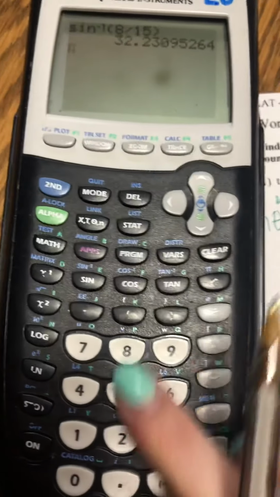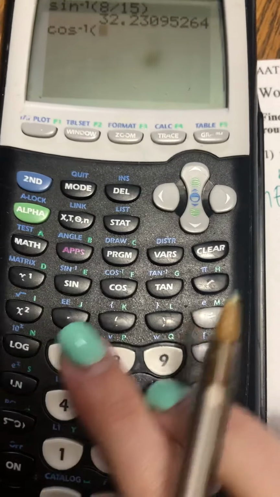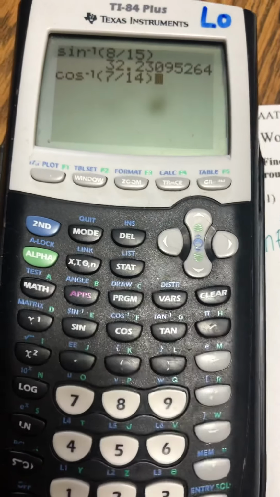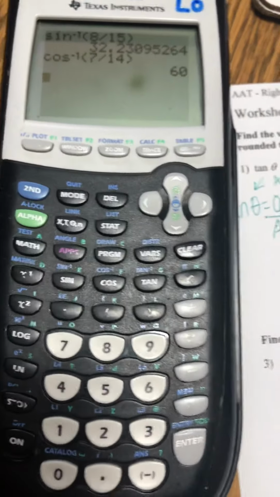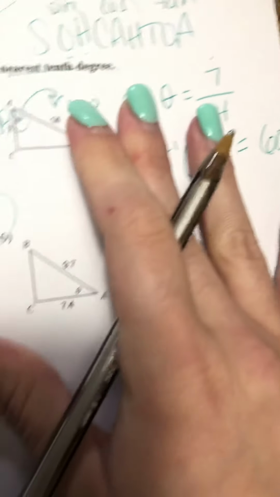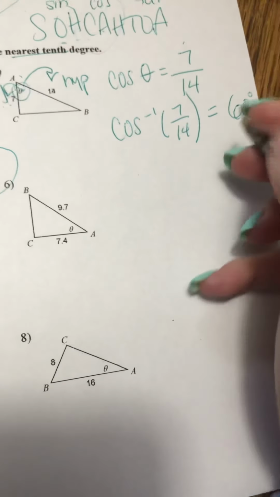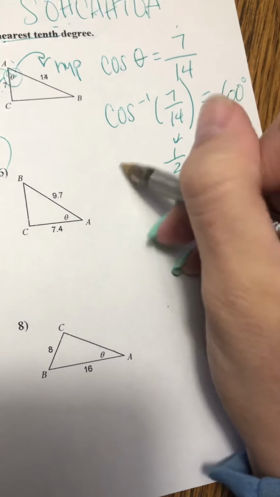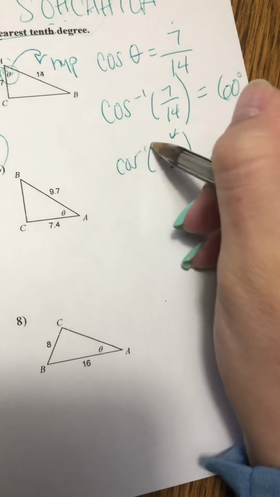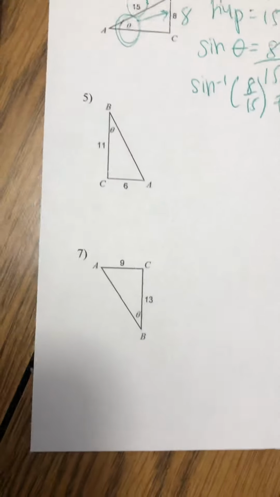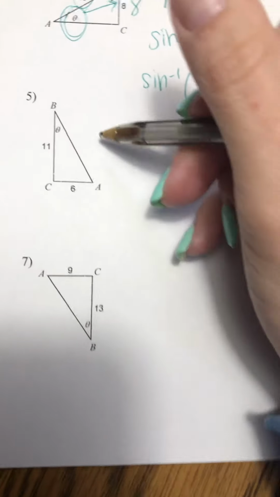So second cosine of 7 over 14, and some of you might just simplify that to a half, which is fine. So the inverse cosine is 60. This is also equal to a half. Some of you were simplifying on your homework, so it's the same thing. Okay, 60 degrees. All right, let's do some more.